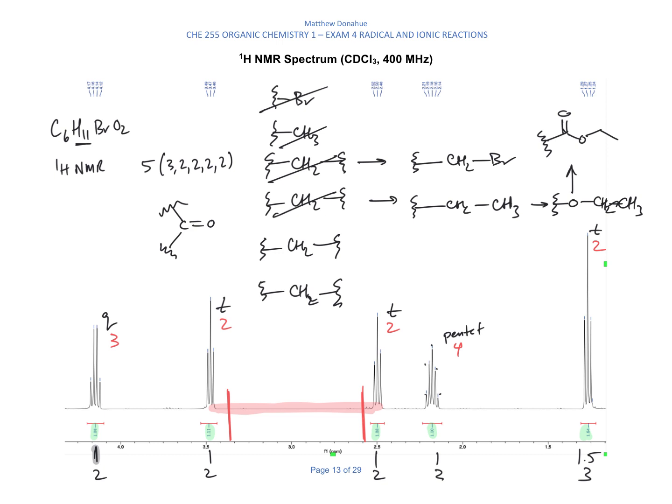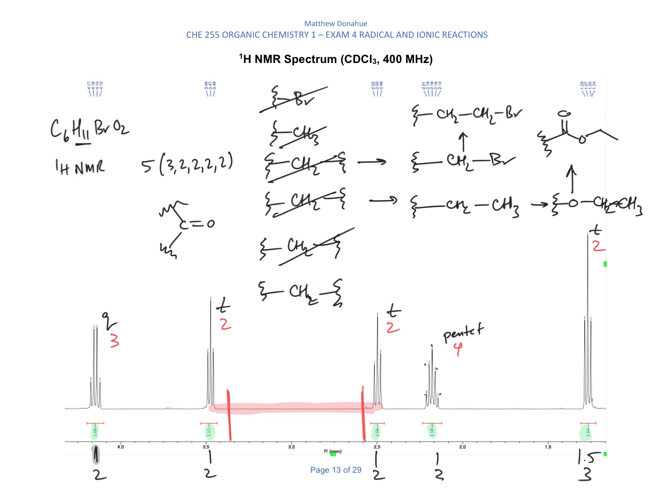And so you're left with this triplet. It's going to correspond to that CH2 group because that is a triplet. That means it's bonded to another CH2 group. So we can modify this now. So we take out one of these, we make it CH2, CH2Br.